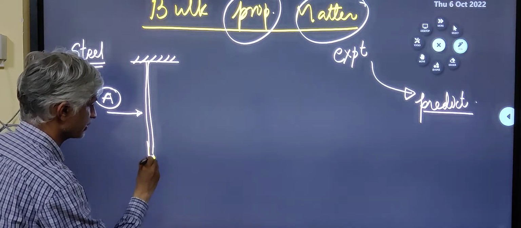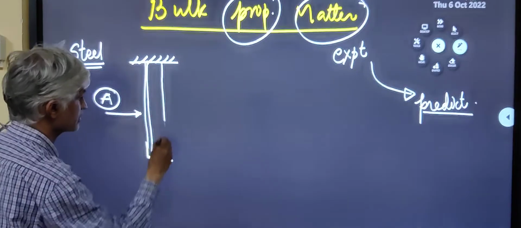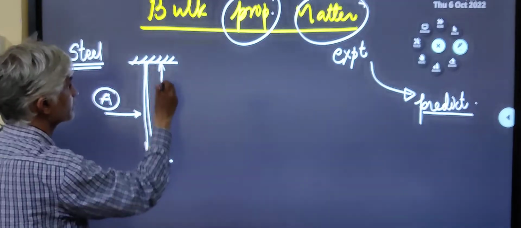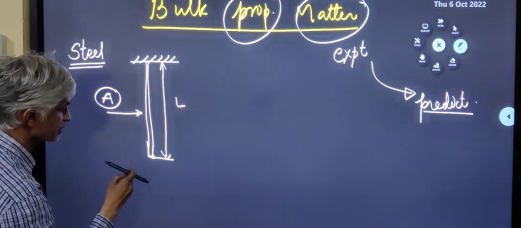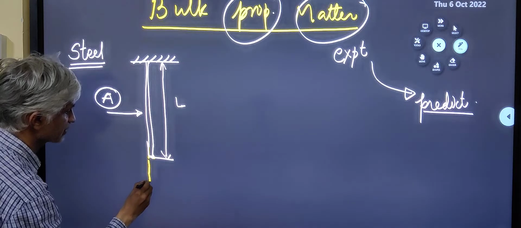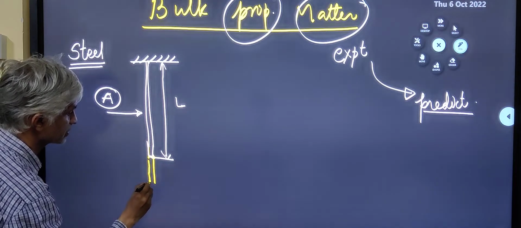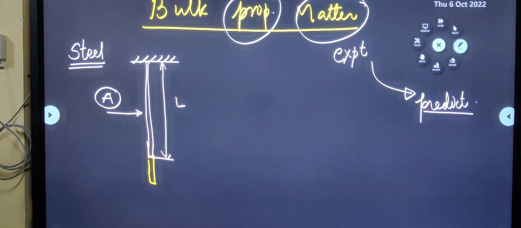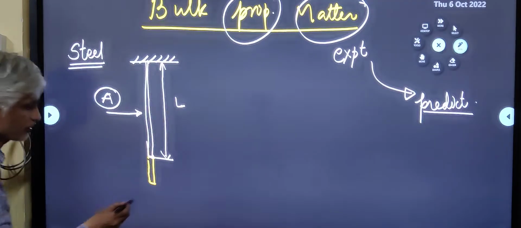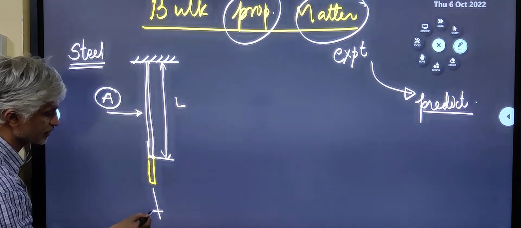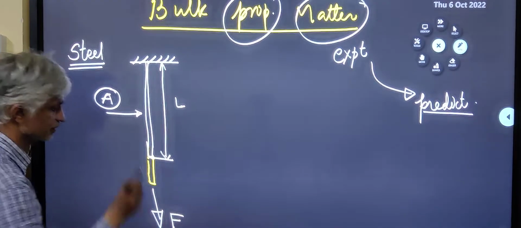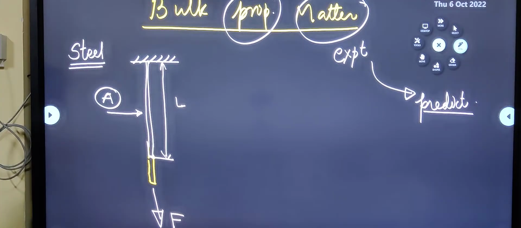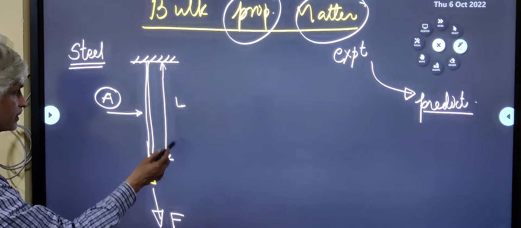original length of the wire, so if this is the original length of the wire, let's call it L, one can expect, I'm just drawing a magnified image here, one can expect an increase in the length of the wire because there is an application of a force on the wire which we shall call as F. So here are all the important quantities.